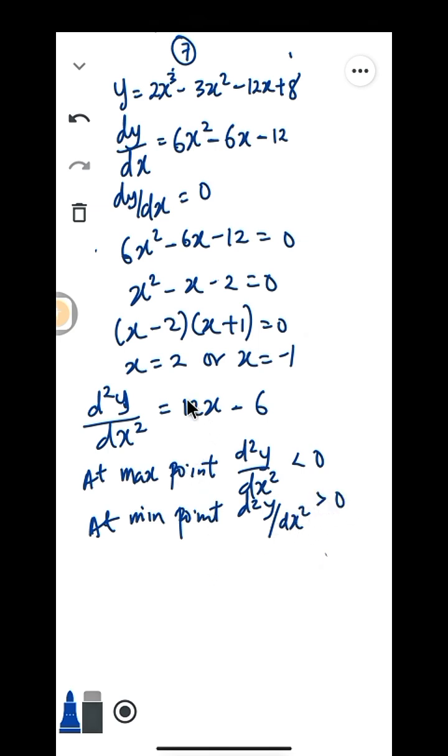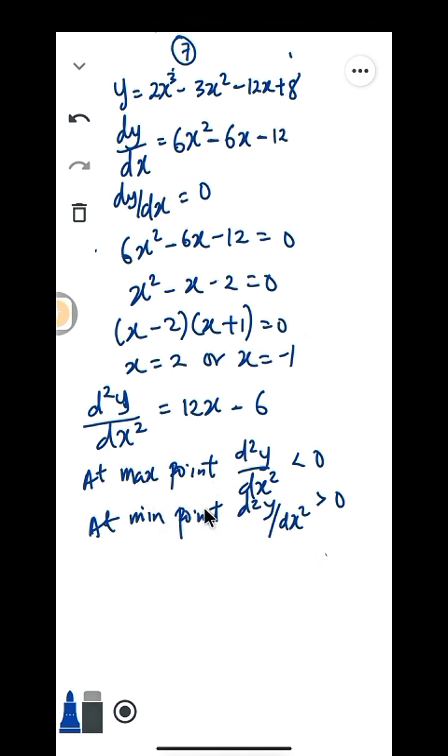So we're going to test our critical values of x to know which of them will give us the maximum point. Now, relative minimum and maximum simply means the highs and lows. When we talk about relative maximum, we talk about the local maximum points in a region of the curve.